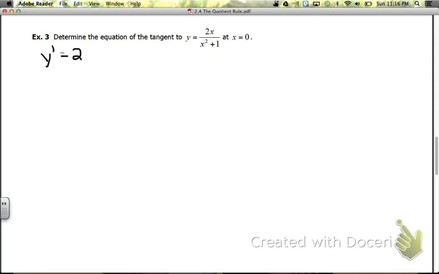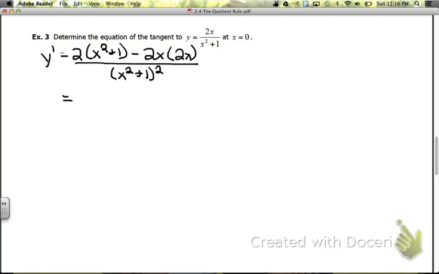So this will be equal to 2 times our x squared plus 1, since I just took the derivative of our f of x and multiplied it by our g of x, minus our f of x times our derivative of our g of x, all over our g of x all squared, so x squared plus 1 squared, and then we can just go ahead and expand and simplify.